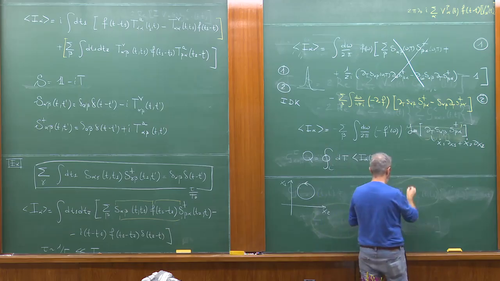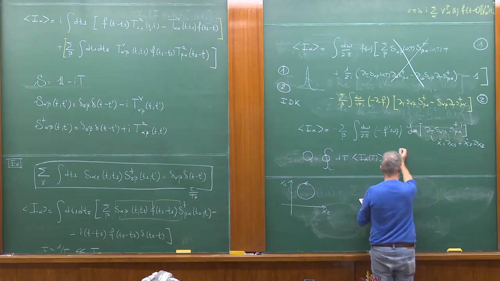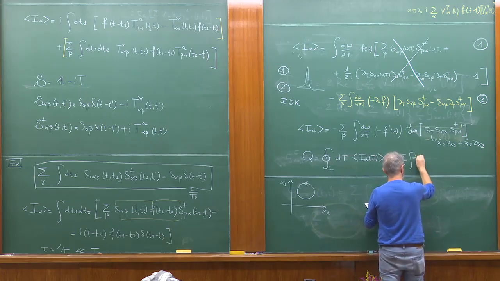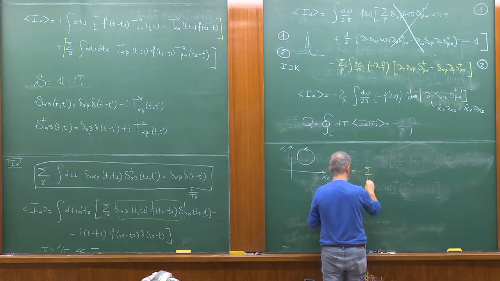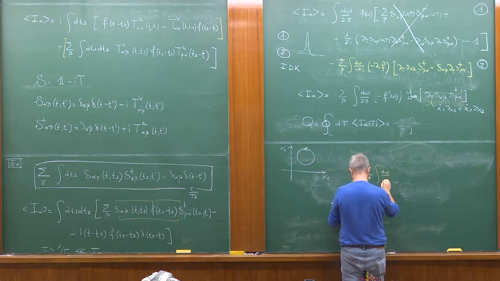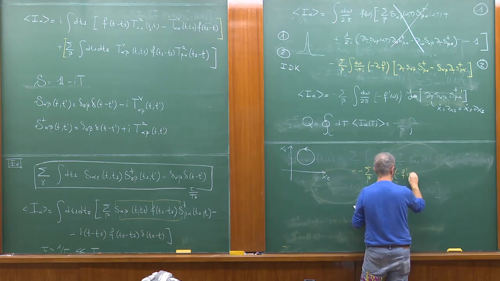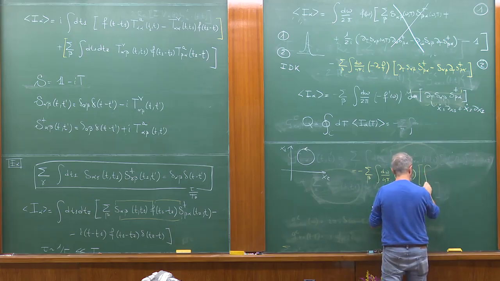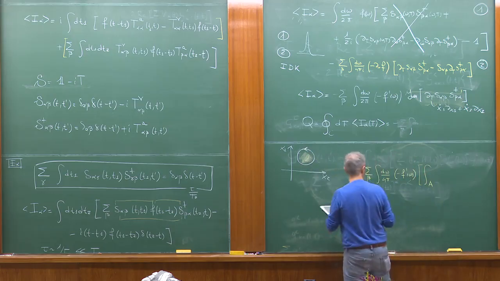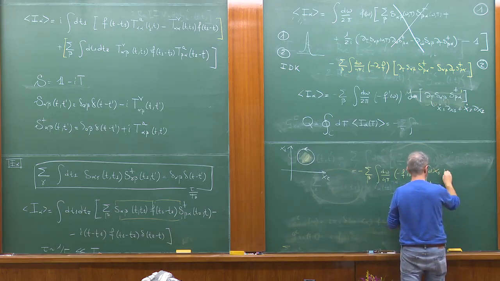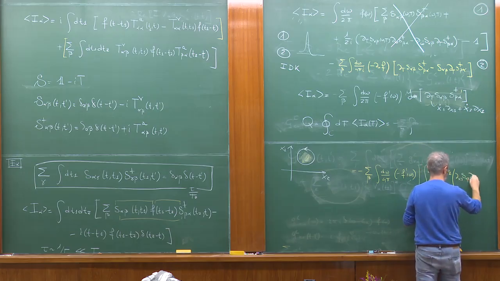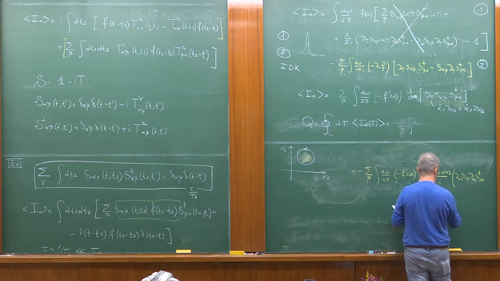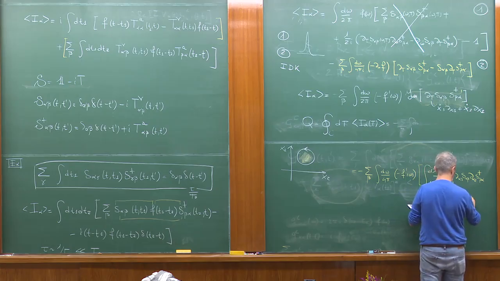And if you use Green's theorem, you have minus sum over beta, integral d omega over 4 pi, minus f prime of omega, and then you have the integral over the area that is enclosed by your cycle, dx1 dx2 over i, and then you have dx1 s alpha beta, dx2 s dagger beta alpha, minus dx2 s alpha beta, dx1 s dagger beta alpha.